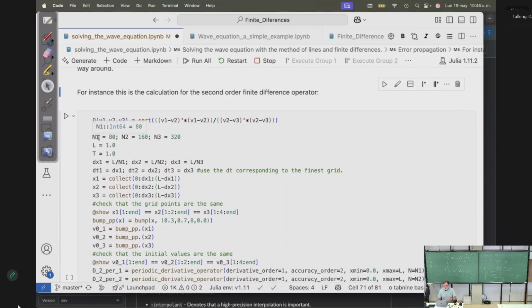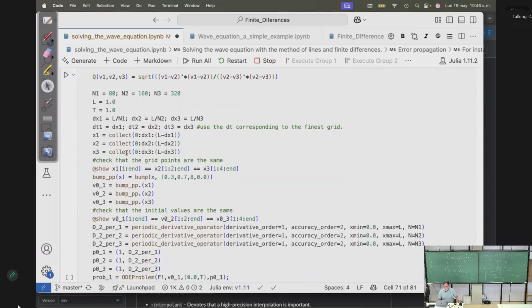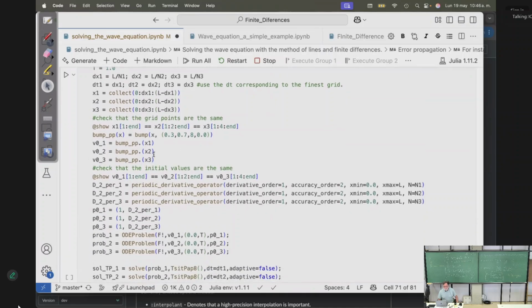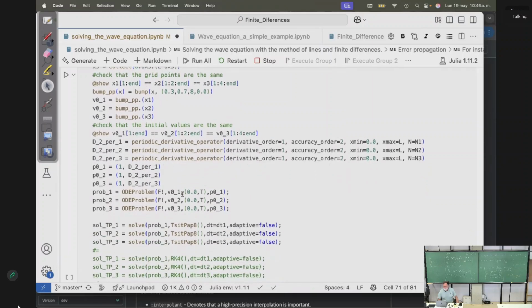So you use 3 resolutions, 80 points, 160 points, 320 points, L equal to 1, T equal to 1, just one period. Here we make the dt's and the x's: x1, x2, x3. We make the initial data for the 3 resolutions. We use a bump with 0 frequency, so it's a nice smooth bump.